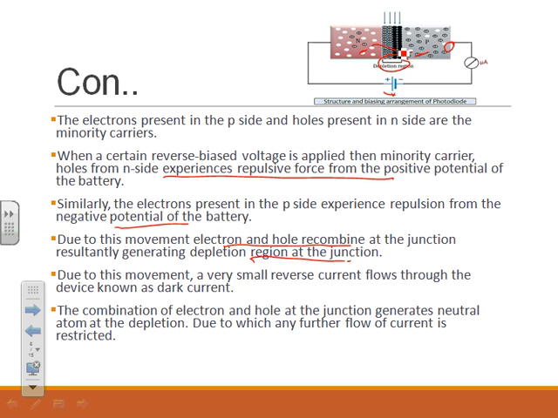Due to this movement, a very small reverse current flows through the device, known as dark current. As I said earlier, the combination of electrons and holes at the junction generates neutral atoms in the depletion region, due to which any further flow of current is restricted. So this is the reverse bias condition of the photodiode.